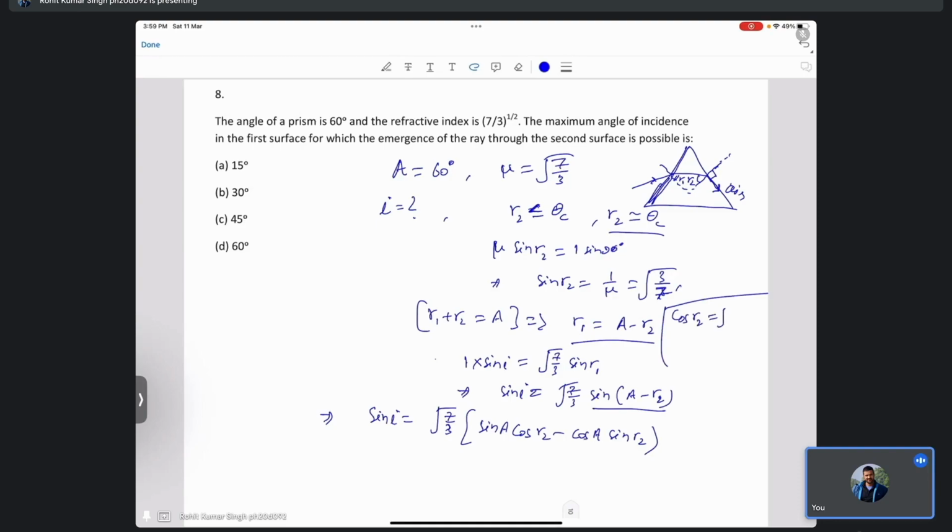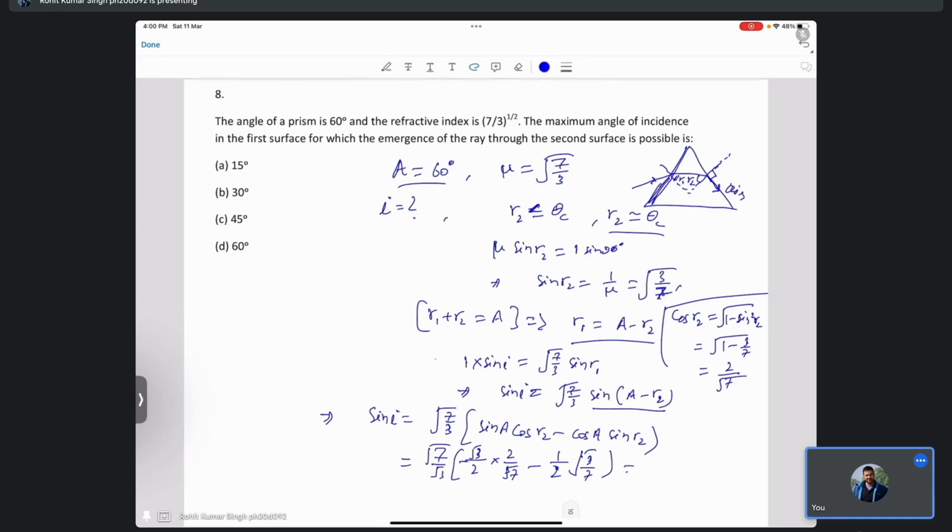So cos R2 is just under root of 1 minus sine square R2, so 1 minus 3 by 7, which is 2 by 7 under root, correct? And A we know is 60 degrees, so let's put all the things here. So sine 60 degrees is root 3 by 2, cos R2 is root 2 by 7, minus cos 60, which is 1 by 2, and sine R2 is 3 by 7 under root.